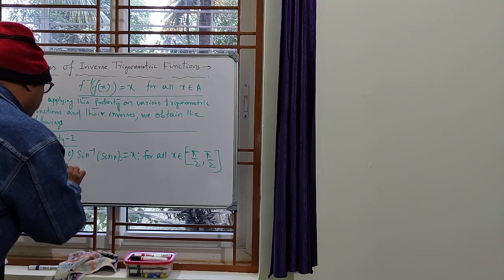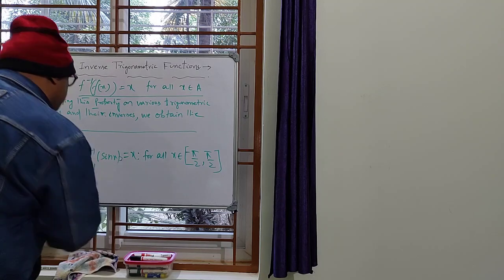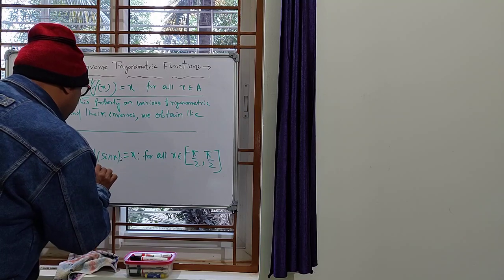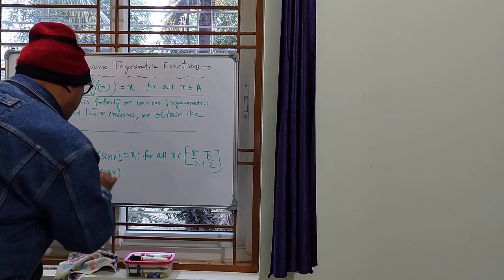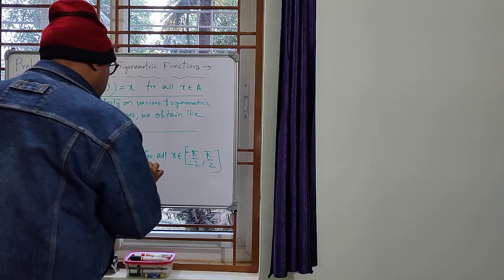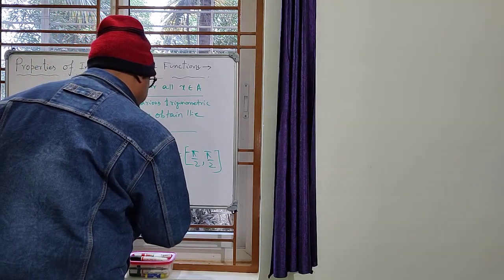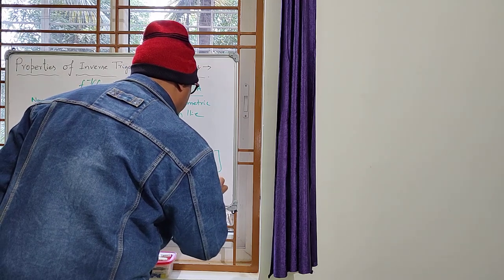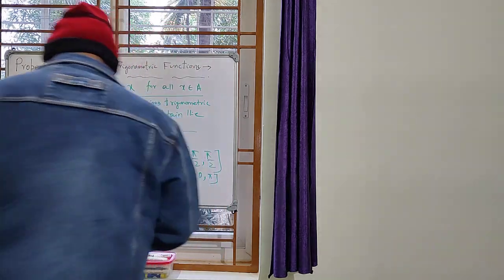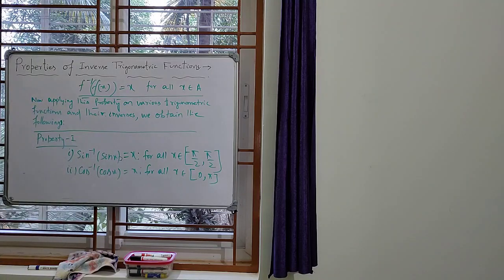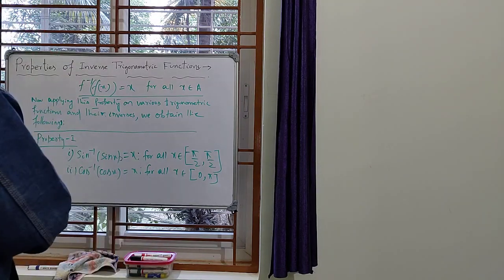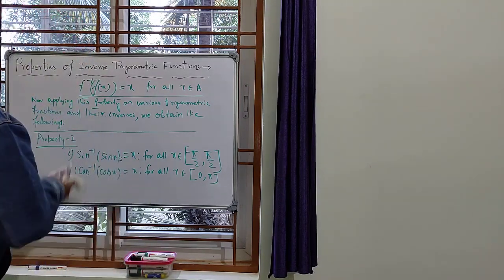Next, number 2, cos inverse of cos x equals x for all x belongs to the closed interval 0, pi. After that, I will explain other properties.